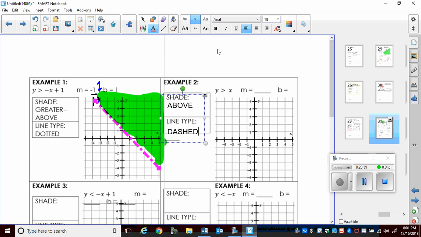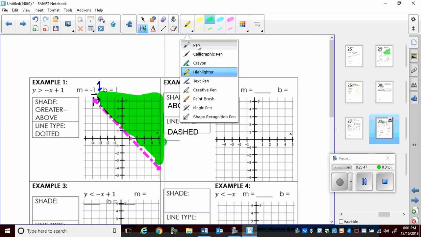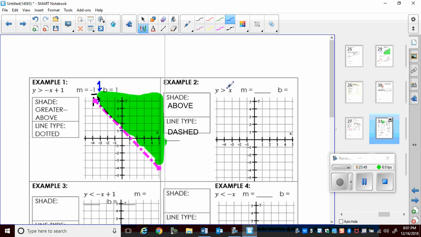Now, for my slope, the number in front of x, I always tell you to put a 1 in front when there's no number in front of x. So my number in front of x is just 1. I need to create a fraction for my slope, so I divide by 1. My y-intercept is at 0 because there's no number added to that x. So I start at 0 here.